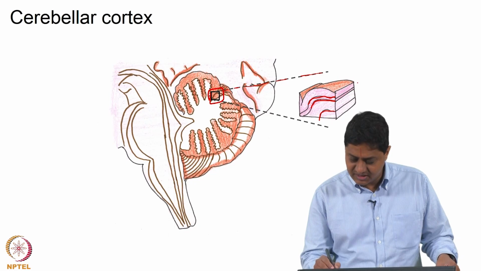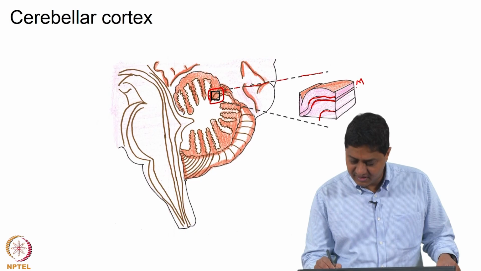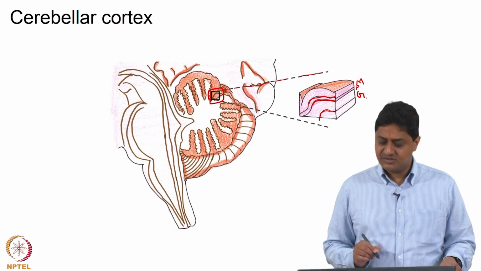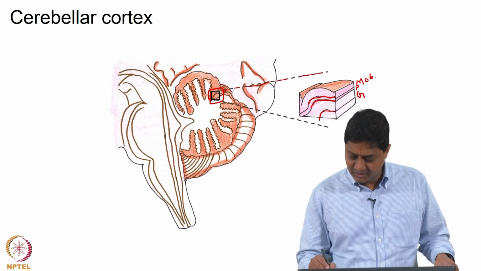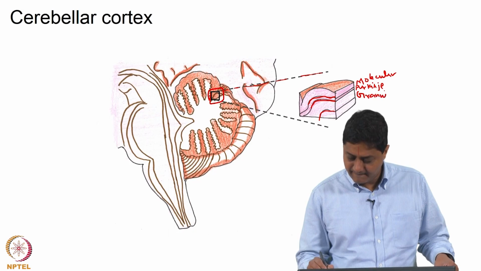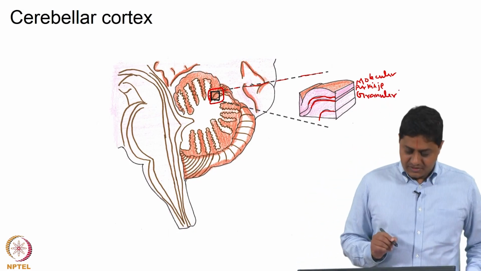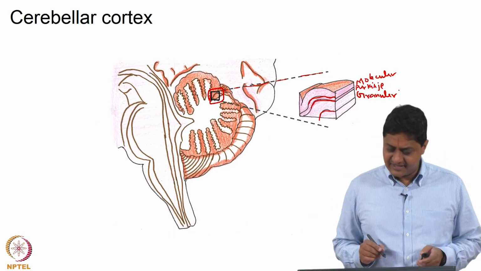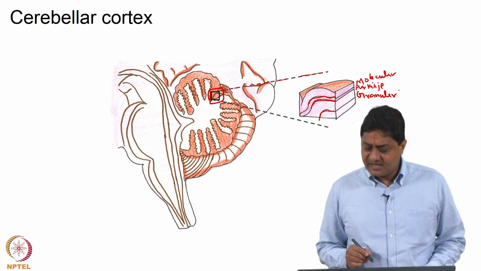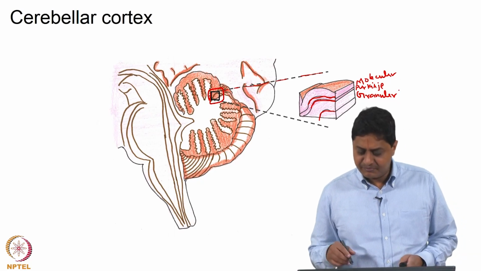These layers are called M, the thinner layer is called P, and the deepest layer is called G. What are these? It is not miles per gallon, but rather the molecular layer, Purkinje layer and the granular layer. These are the 3 layers of the cerebellum.